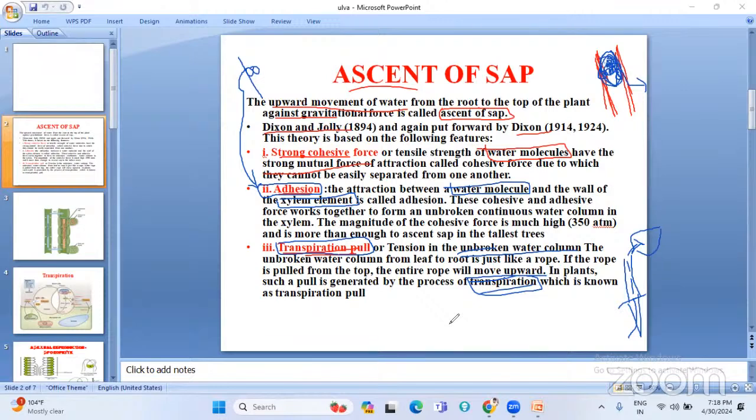Removal of water through the stomata of the leaf, that is called transpiration. For example, just wait.